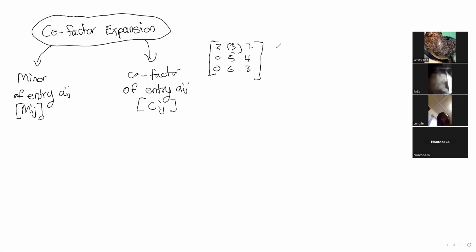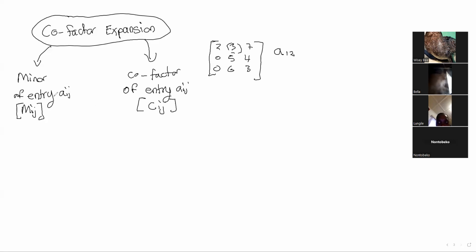So 3 would be entry row 1, column 2. Basically, the entry here is the number 3. That's the entry.